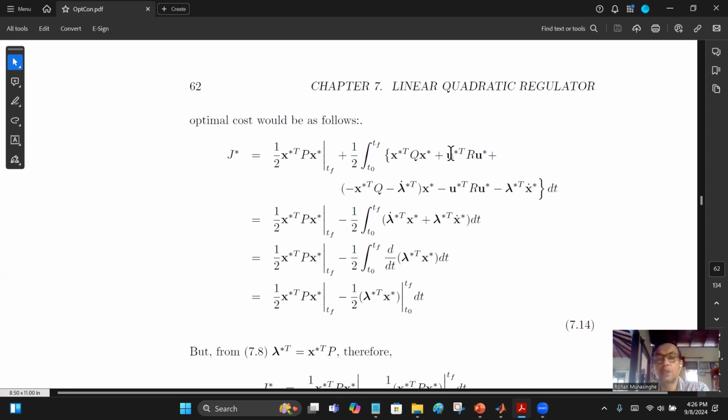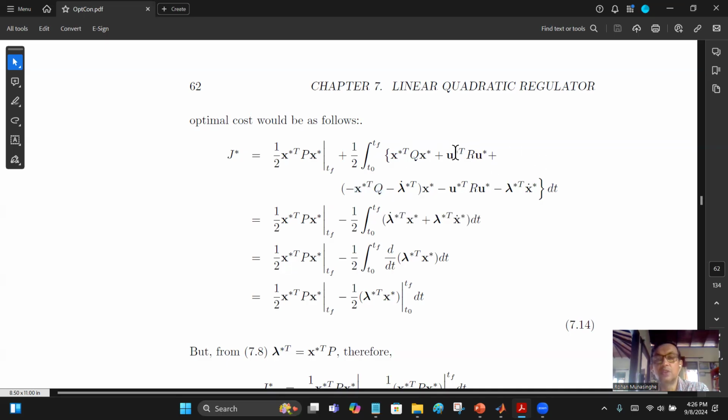Then you can simplify this one. I think some of the terms cancel out. You can see here x transpose Q x, x transpose Q x. See that these terms cancel out, right?